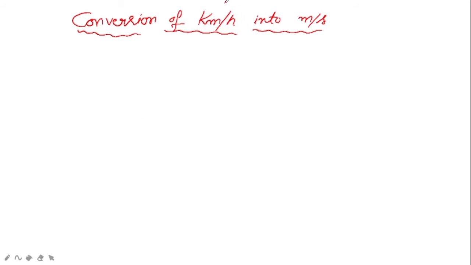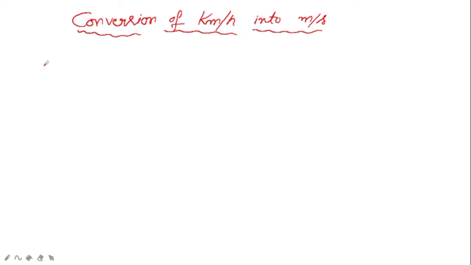But since the unit of speed is meter per second, in today's class we will learn how we can convert kilometer per hour into meter per second. Okay, so let us begin with this.